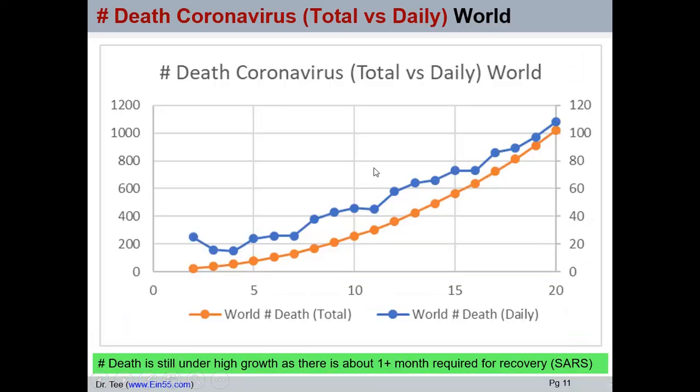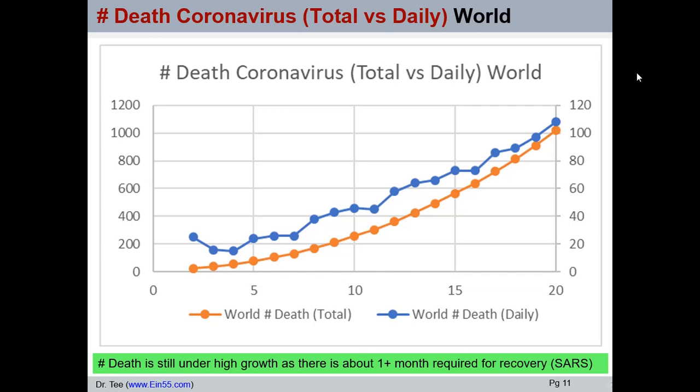Okay, and now we look at the number of death cases. Roughly 1 to 2% of cases may die. So you can see right now this growth rate is still high. So that's why, even if the number of cases may reach a peak, the number of death cases may still continue, because from the day the patient is infected until possible death, that may take roughly 1 to 2 months.